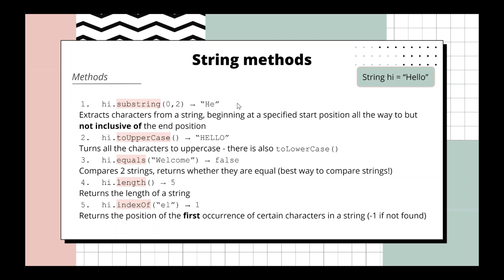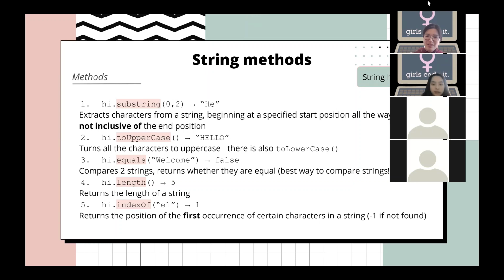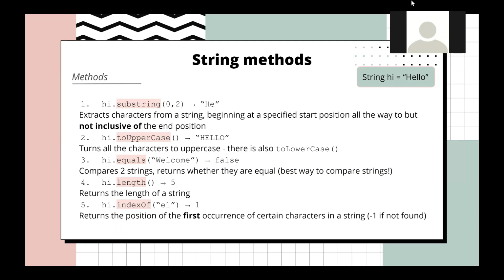So this line would be getting the first two characters of the string, H and E. If you're familiar with array indexing, basically the places in strings start at 0. So the first letter of a string would be the 0th letter in a sense. Any questions about that?